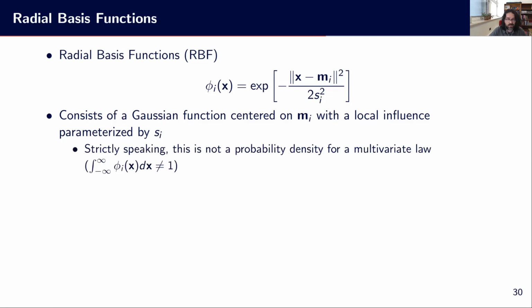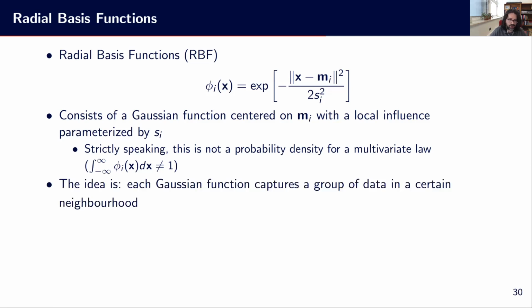Strictly speaking, this is not a probability density, because if we integrate this function from minus infinity to plus infinity, it is not equal to 1. So it's not a PDF, but it is similar to a Gaussian distribution in terms of its formulation.